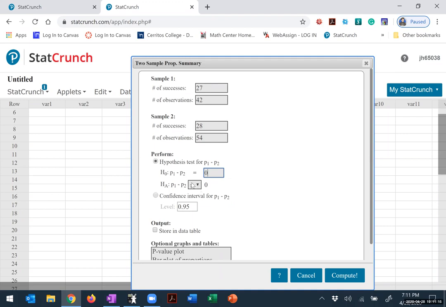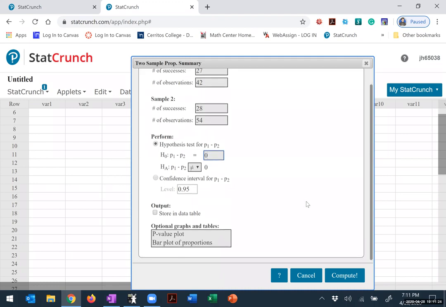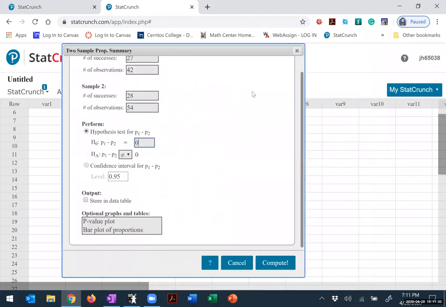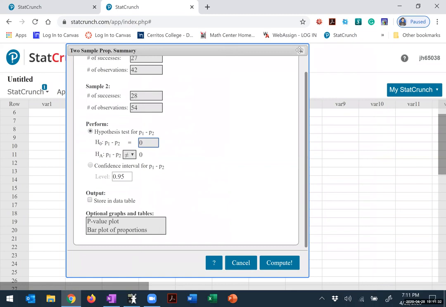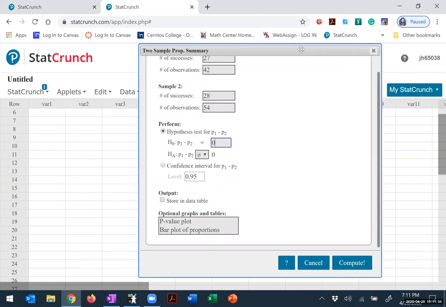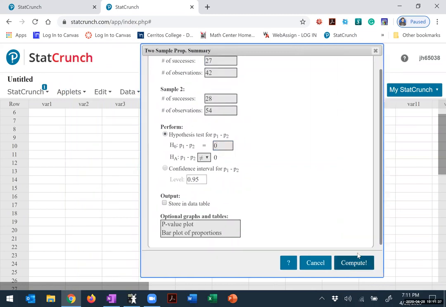That means there is a difference. Let's calculate the hypothesis test. Move this over so I can actually compute it. So I'm going to click compute.